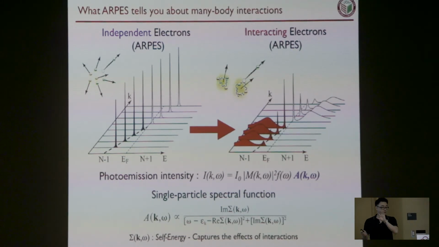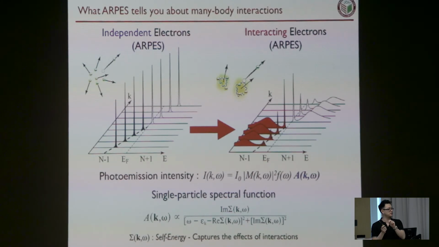And so that movie I played, where you had this fuzzy stuff and it got really sharp, there are actually some formal mathematical foundations behind understanding that. If you assume something called the sudden approximation, which it turns out for photocathodes is a very bad assumption because you're pulling electrons out very slowly.